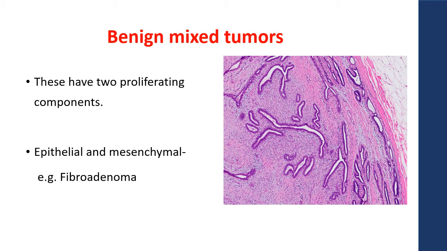Oma, benign tumor. So there is mixed proliferation of the glandular epithelium of the breast and the fibroblastic component of the breast to produce a mixed tumor. Here the mixed tumor contains two proliferating components, epithelial and mesenchymal, and you call it fibroadenoma.